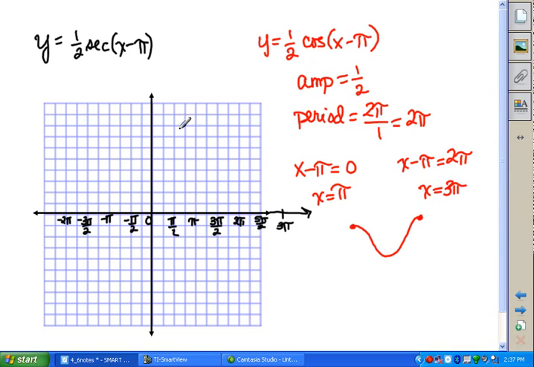So our amplitude is 1/2. So if this is 1, okay, so at pi it's going to be at 1/2. At 3 pi it's going to be at 1/2. 2 pi it's going to be at -1/2. Then it's going to reach its zeros in between there.